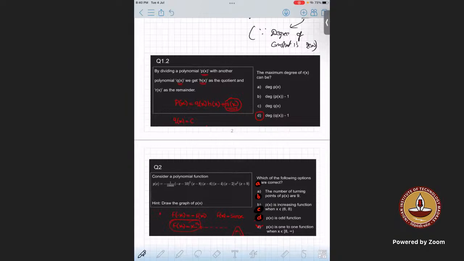Anyone explain why D? Yeah, Drishti answered correctly, because I already explained this.